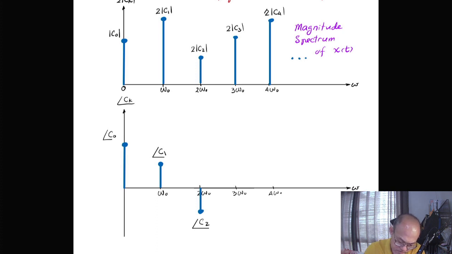The phase of C3, depending on the value of C. Okay, and this is the phase of C4. Let's say it's 0, and so on. And this graph is called the phase spectrum of x(t).